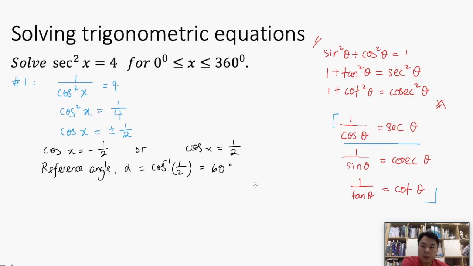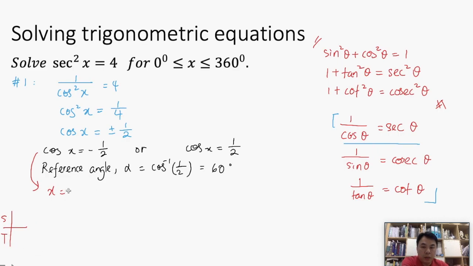Okay. So therefore, for case 1 here, for case 1, the solutions for this, because it's negative, so it should be located. Okay, so for this, I'll write this one down. It should be located in these two quadrants because it's negative. Right?